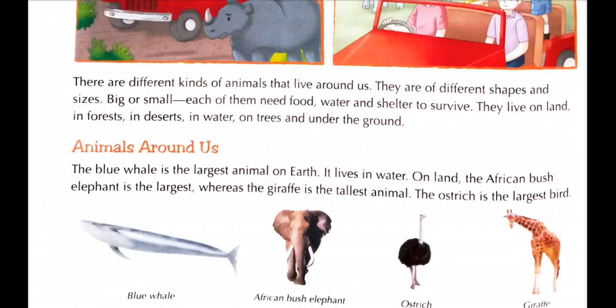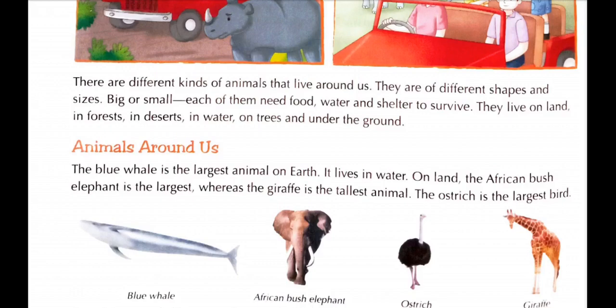Living things means the things which can grow, move, breathe and reproduce. Students, some animals live in forests, some in deserts, some in water, some on trees and some under the ground. That means animals live everywhere on the earth.